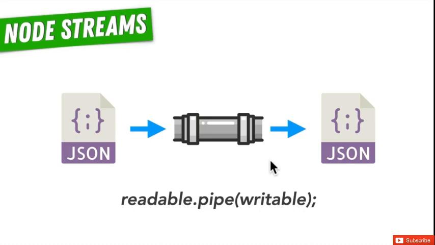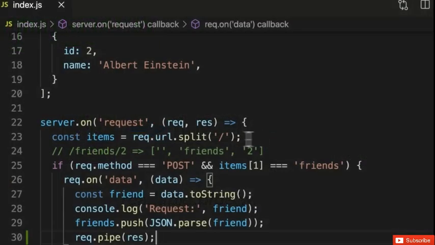Node is very, very good at working with data in this way. Using streams, it was very, very easy to modify our endpoint over here to echo back the friends data that's being posted to our server.